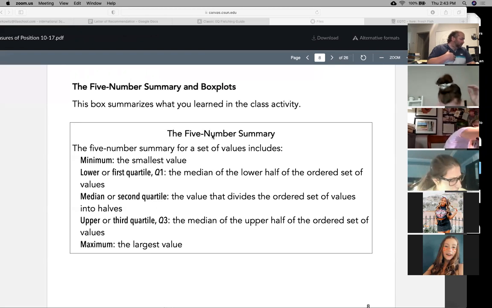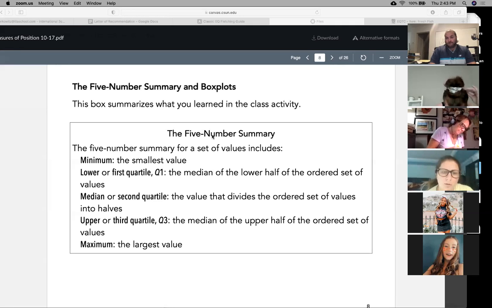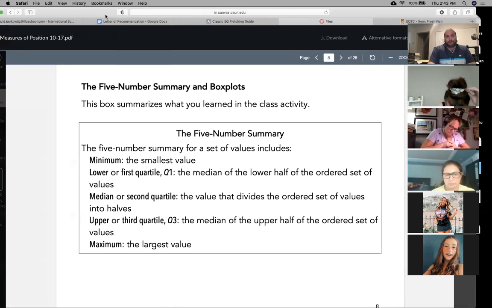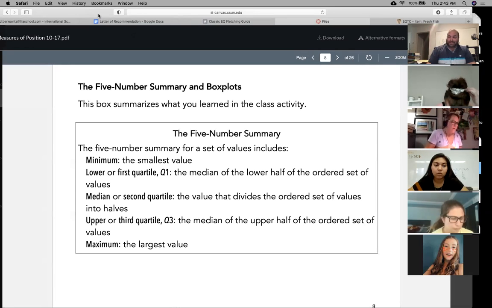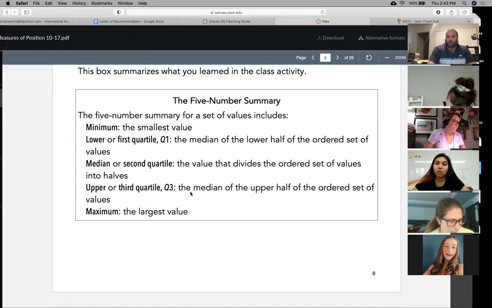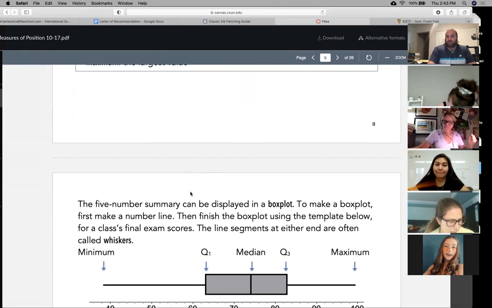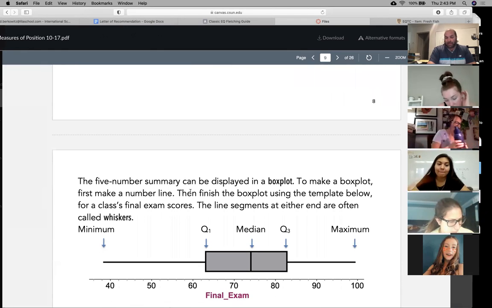I already told you how to find Q1, Q2, and Q3. How do I find the minimum and the maximum? The smallest number and the largest number. Not that hard to find. Once you put them in order, the smallest number is your min, the biggest number is your maximum.